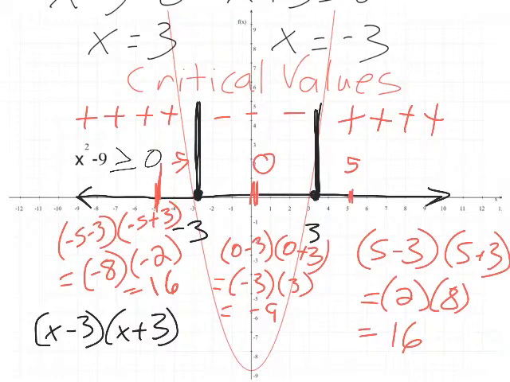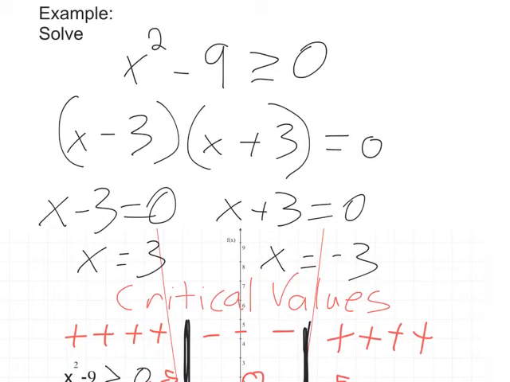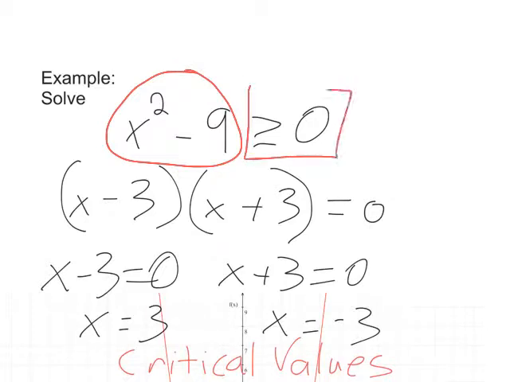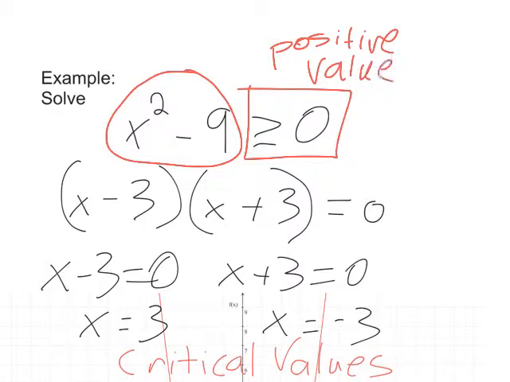So now we go back and we take a look at what our inequality was, what we want. We want the values for x squared minus 9 that are greater than or equal to 0. So we want positive values. Okay, so we want to know the positive numbers when we plug certain x's in. When do I get a positive value for x squared minus 9?